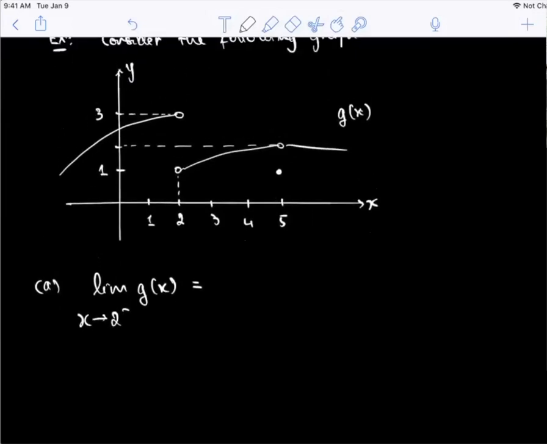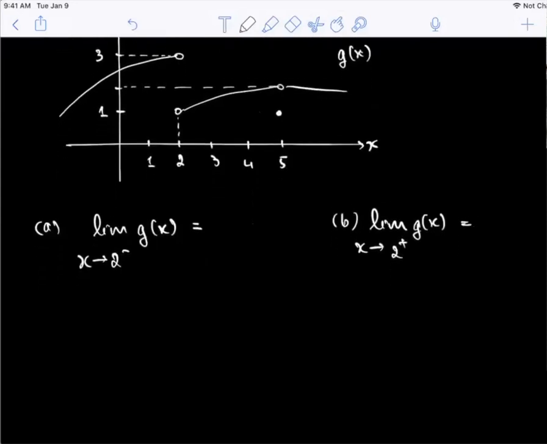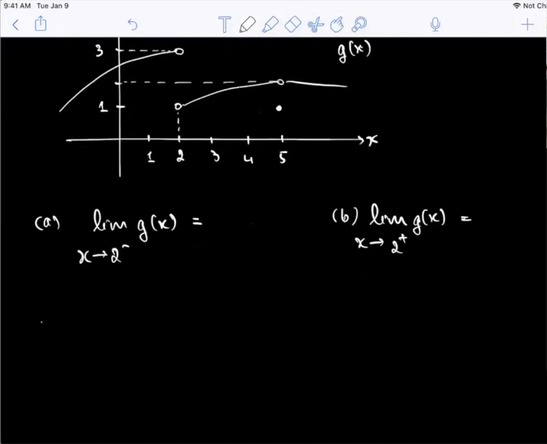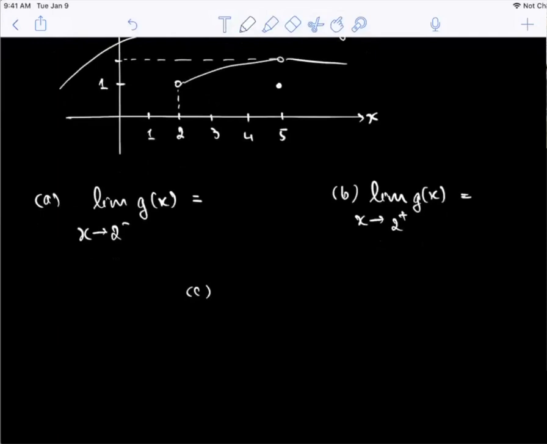That's part A. Part B is the limit of the function as x approaches 2 from the right. And from these two previous questions, what is the limit of the function as x approaches 2?